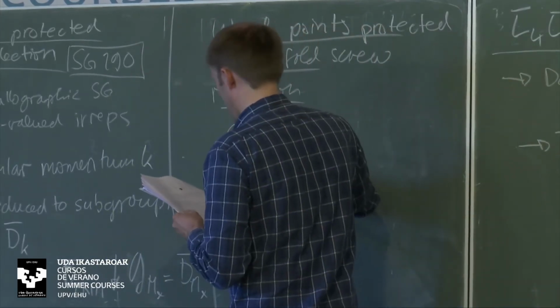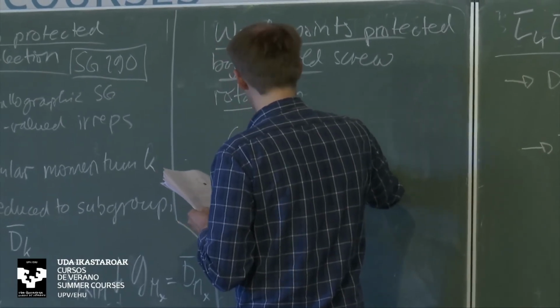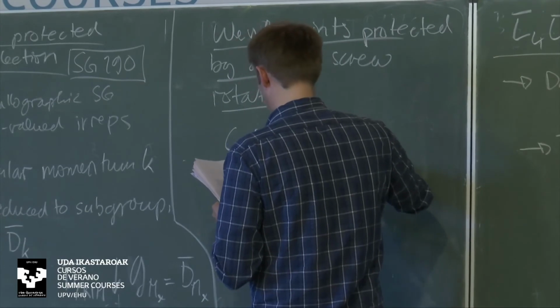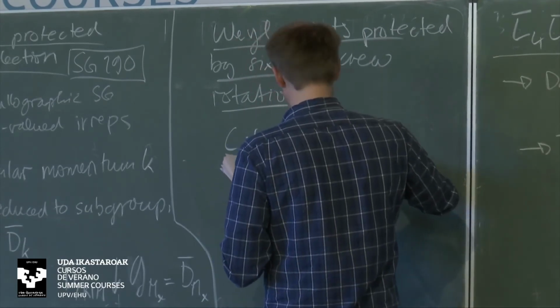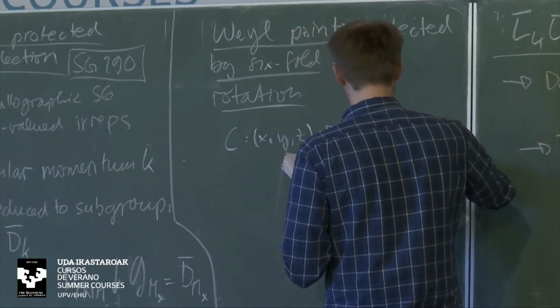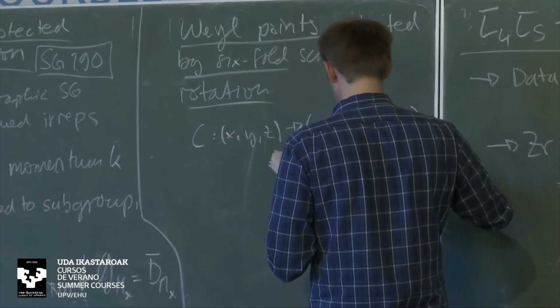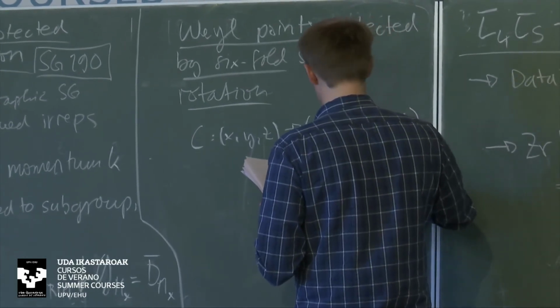Yeah, okay, so this symmetry operator is of this form. It sends x, y, and z to x minus y, x, z plus 1/6. And then you have also a spin part.